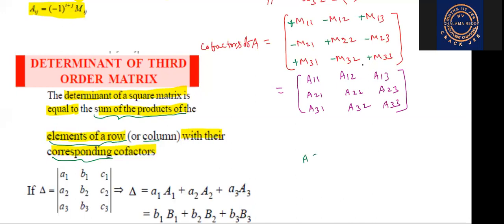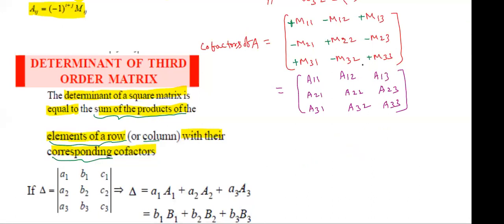Suppose I take matrix A, with a1, b1, c1, a2, b2, c2 already there. No need to write.